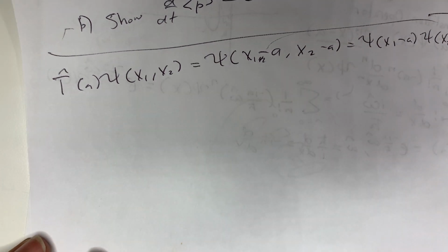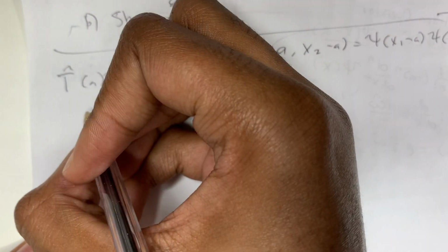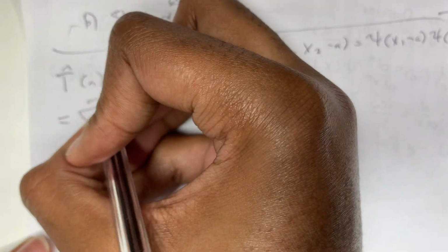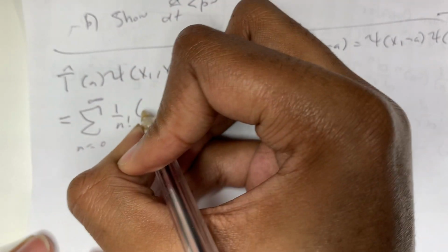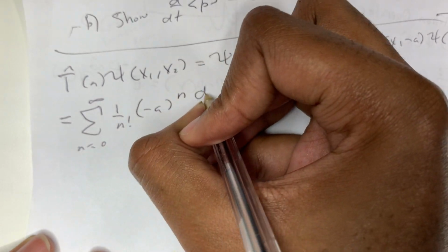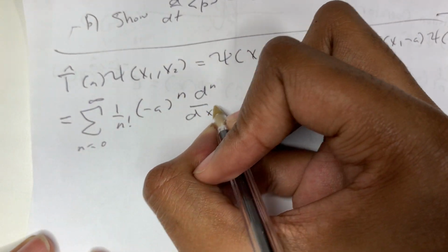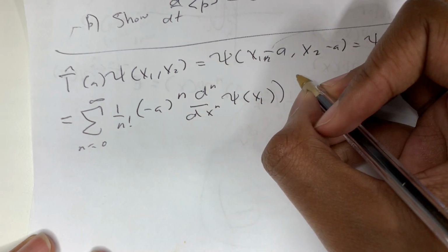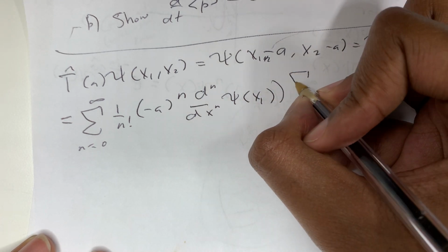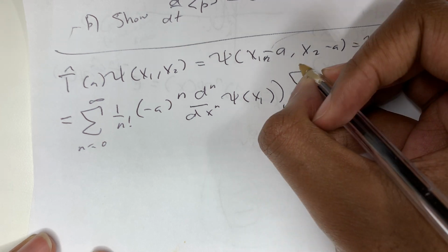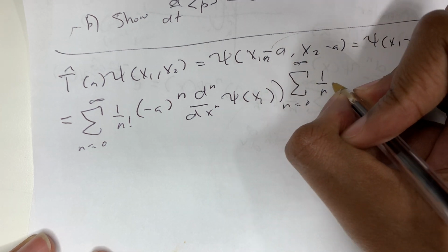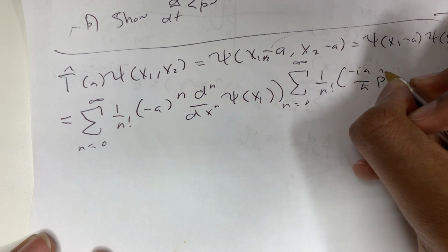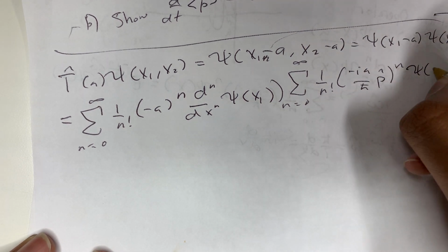This equals the summation of n equals 0 to infinity 1 over n factorial times minus a to the n, d^n over dx^n psi of x1, then the summation of n equals 0 to infinity 1 over n factorial times minus i a over h bar p hat to the n psi of x2.